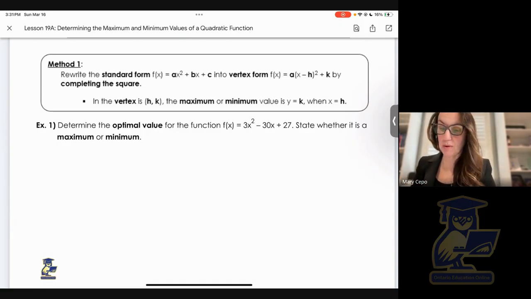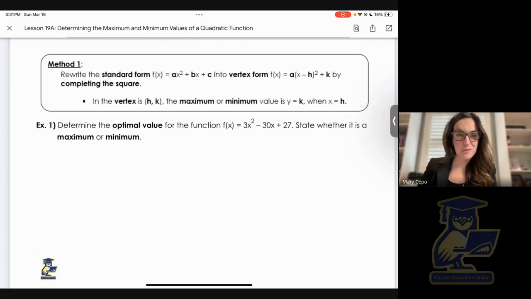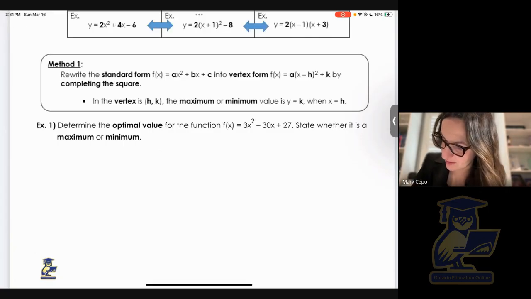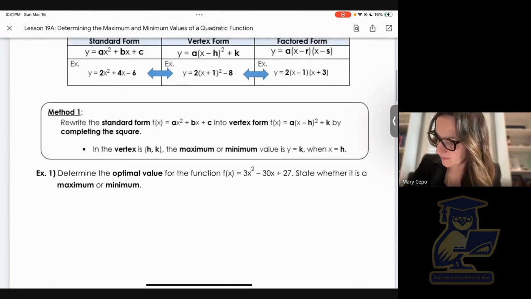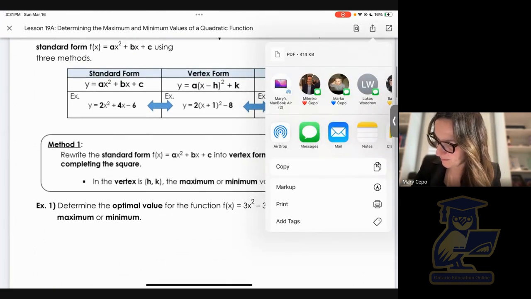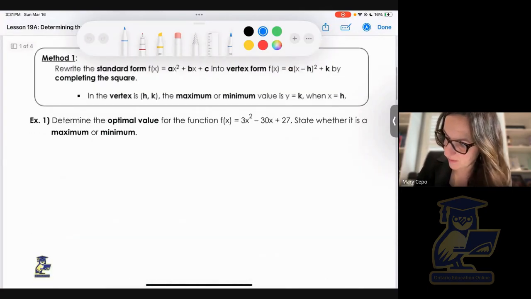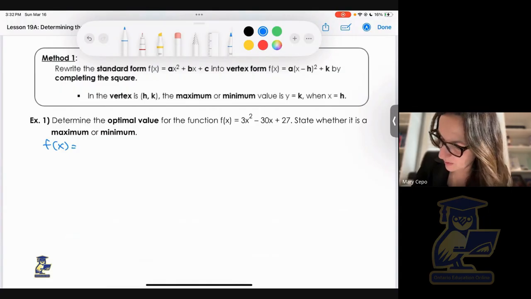So we want to remember the steps for completing the square. So let's start with our original function, f(x) = 3x² − 30x + 27.